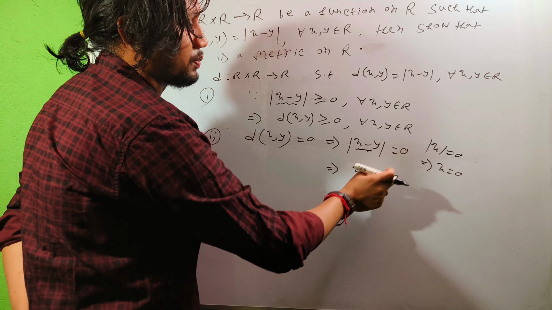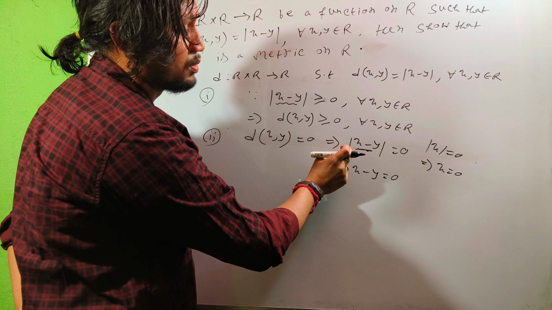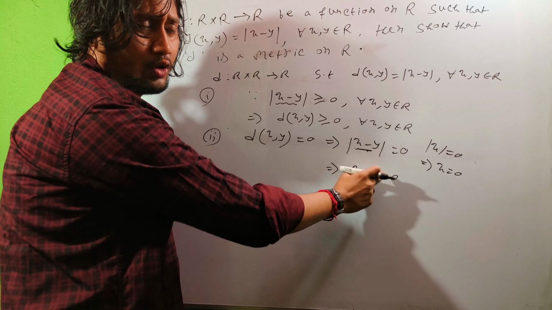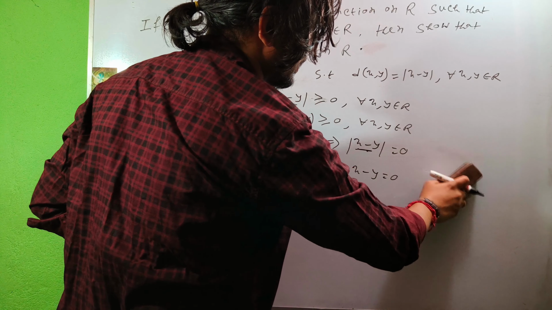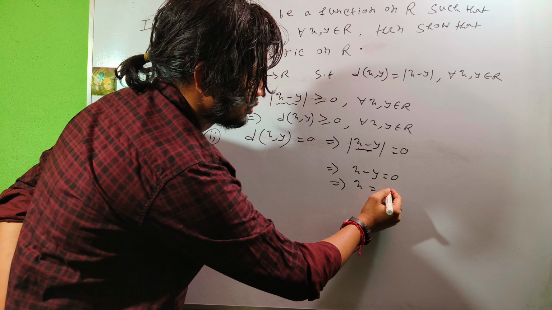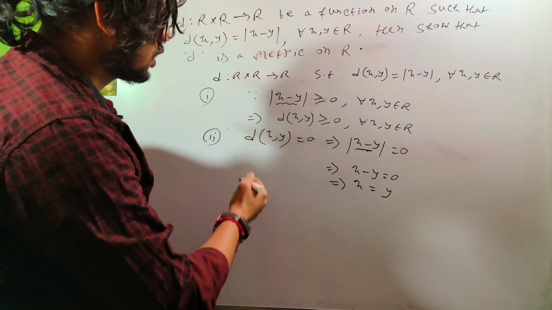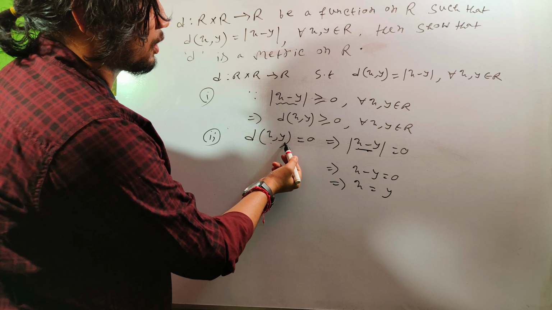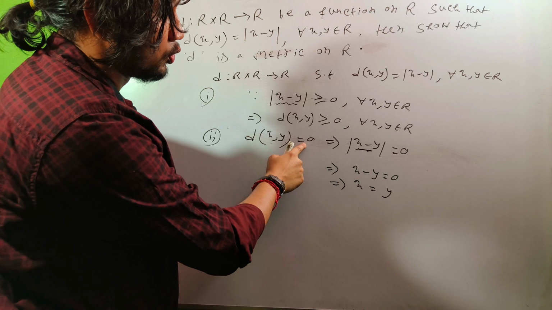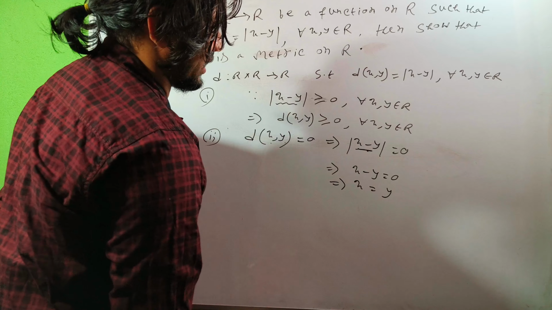So from the definition of the modulus function, we can say that mod of x minus y is equal to 0 implies that x minus y is equal to 0, from where again x is equal to y. So if we take D of x comma y is equal to 0, then we will get x is equal to y.